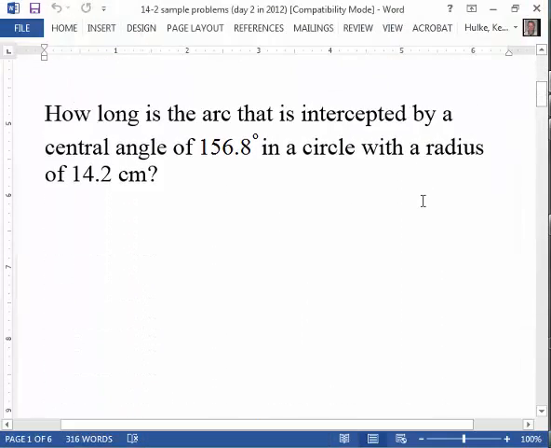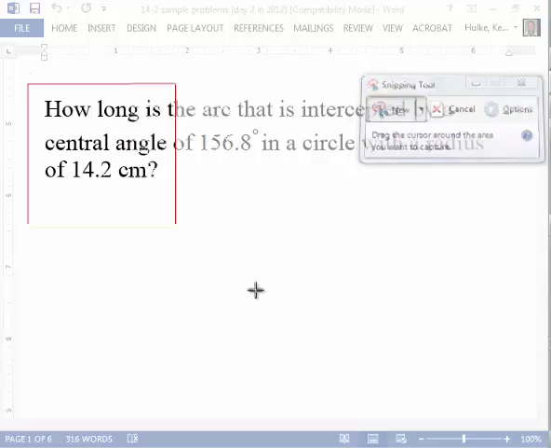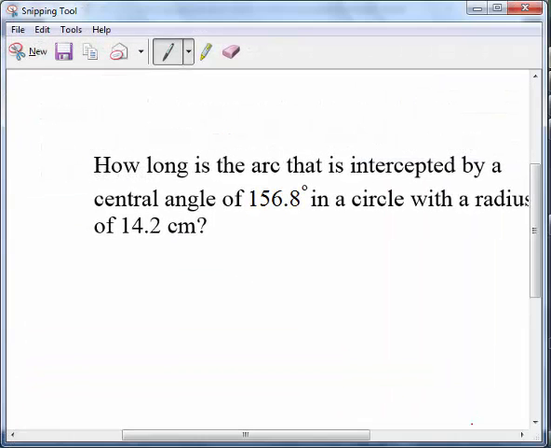How long is the arc that is intercepted by the central angle of 156.8 degrees? So now we're given the central angle and we're supposed to find the arc length. We have to switch that into radians first because our formula only works if it's in radians.